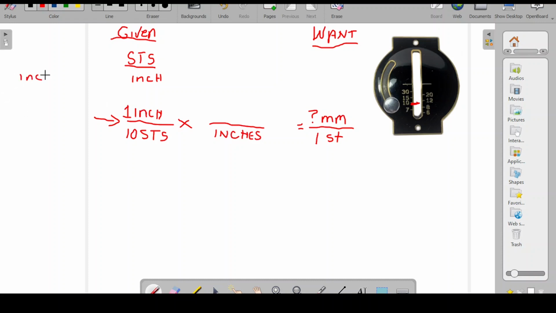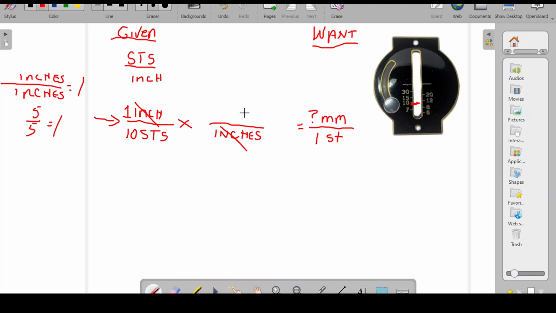Well, inches over inches, anything over itself equals 1. 5 over 5 equals 1. Inches over inches equals 1. And 1 times anything doesn't do anything to the value of what you're multiplying it by. So basically you can just cancel out the inches. Inches over inches is 1. 1 times 1 over 10 is just 1 over 10. So we're left with 1 over 10.